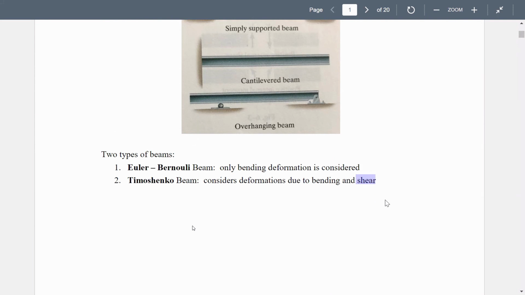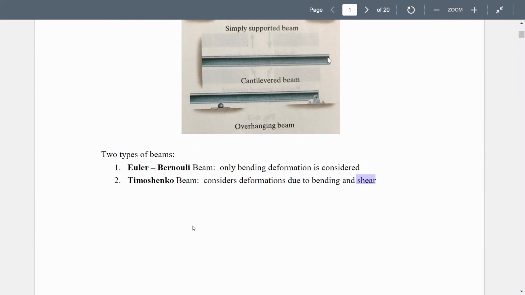Well, rule of thumb: by definition, a beam is a long, slender member, which means it is very long compared to its height. By beam, we mean that the length is at least 10 times its height.